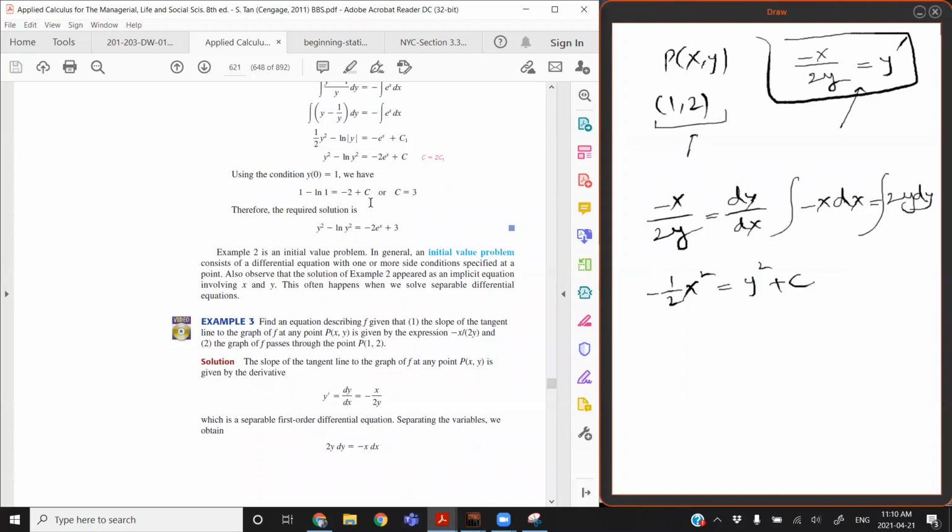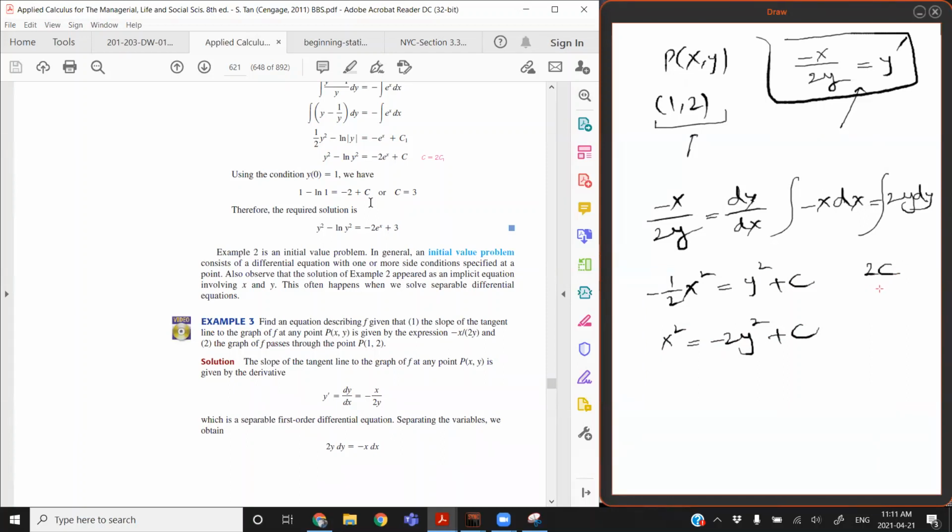If I multiply both sides of this by negative 2, I'm going to get x squared is equal to negative 2y squared plus c. And the reason that I don't multiply the c by 2 is that if I multiply c by 2, I get 2c, but 2c is also going to be an arbitrary number.